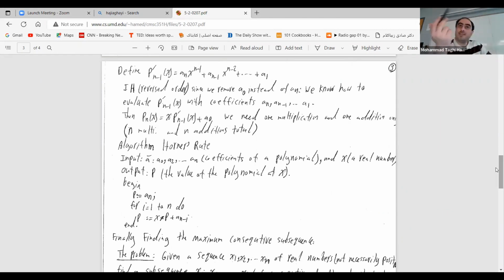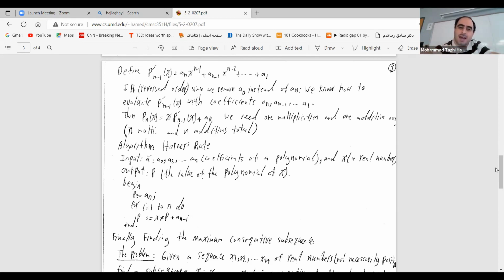Even more efficient than that is this one. Let's define P prime, because of the derivative, that's the reason I call it P prime. P prime of n minus 1 of x is an times x to the n minus 1. Before, in Pn of x, we had an times x to the n. Here we have an times x to the n minus 1, plus a sub n minus 1 times x to the n minus 2, and so on and so forth to a1.